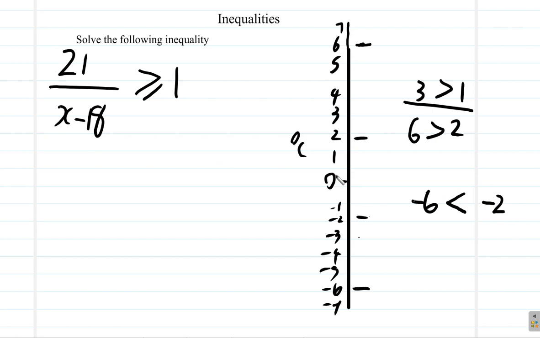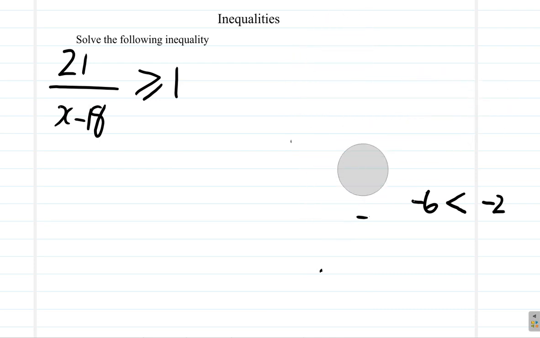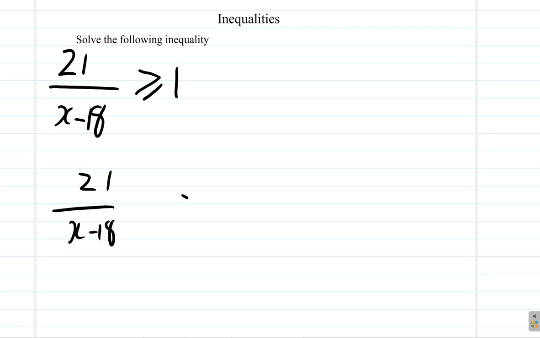So remember that. Now, with that out of the way, let's come back to this. You have 21 divided by x minus 18. It may seem that what you're going to do is say 21 over x minus 18 is greater than or equal to 1, and then multiply both sides by x minus 18.